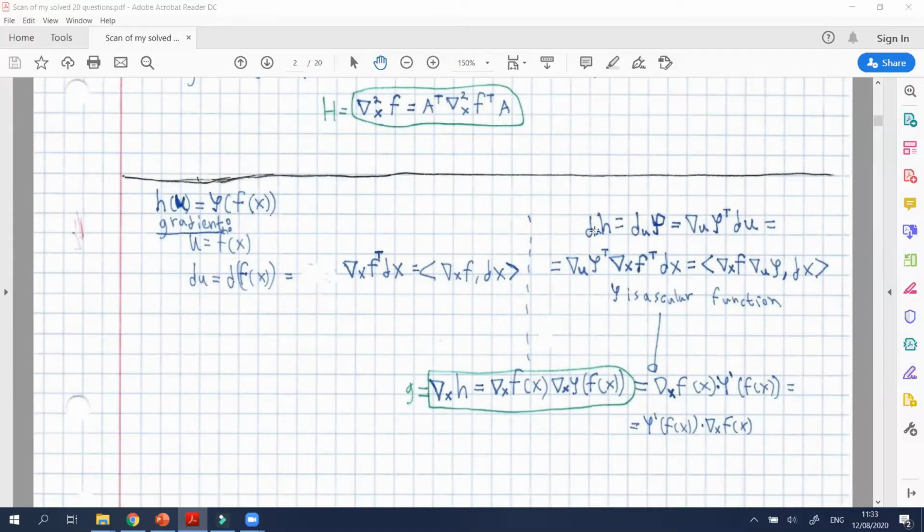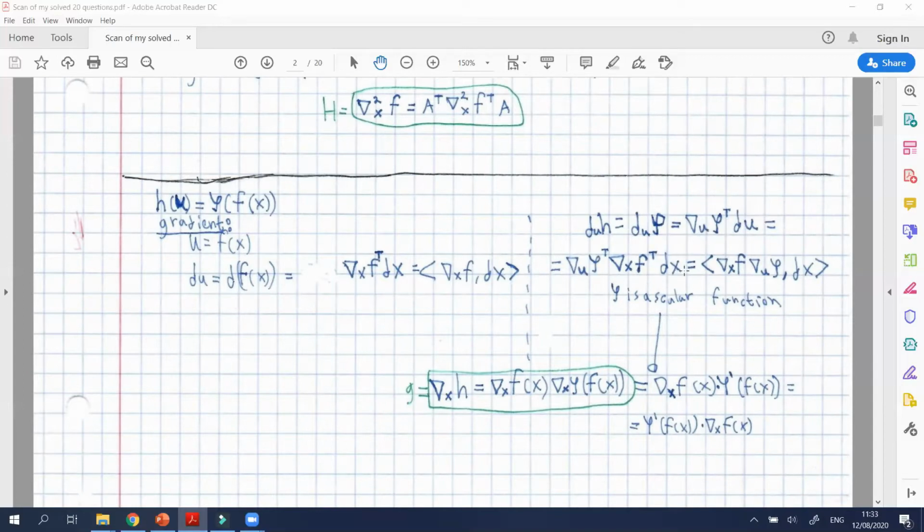So the differential of h is the differential of phi with respect to u, obviously, since the equality we've just seen. And for the gradient with respect to u of the scalar function, we just get the gradient with respect to u of our scalar function phi transpose du, and we just replace du with what we have just got.